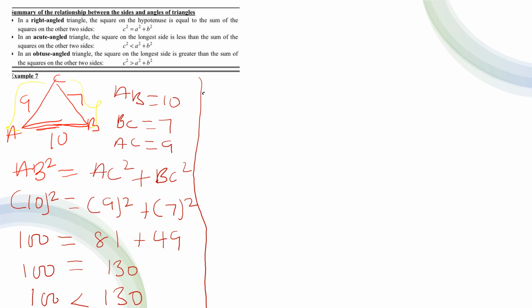We are saying that if the longest side is less than the sum of the two shortest sides, then the triangle becomes acute.